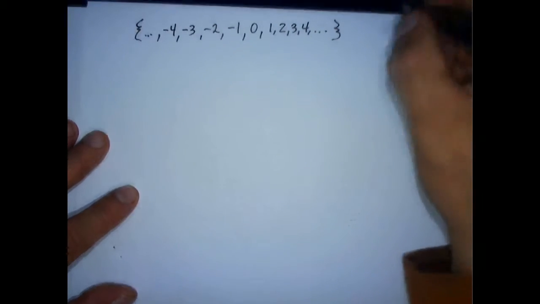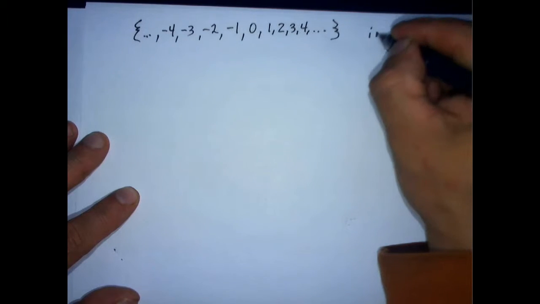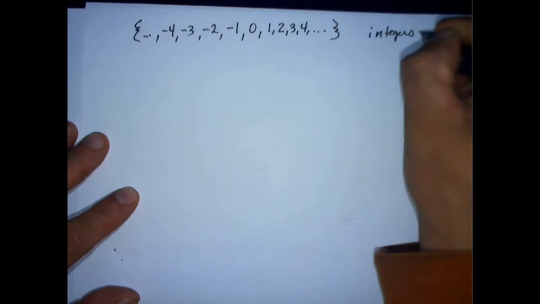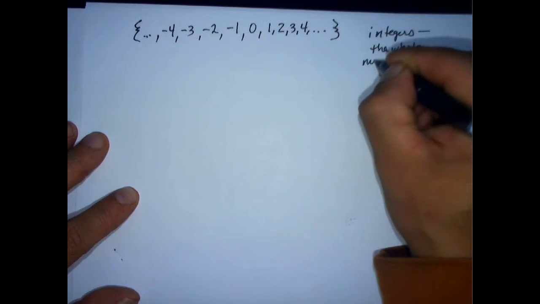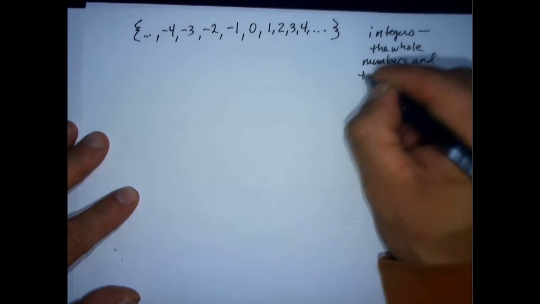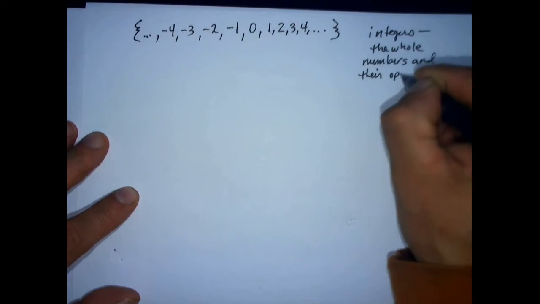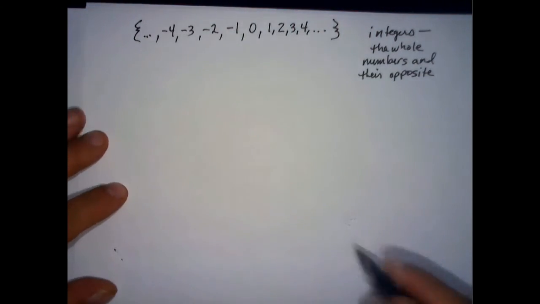This set of numbers is called the integers. The whole numbers and their opposites.